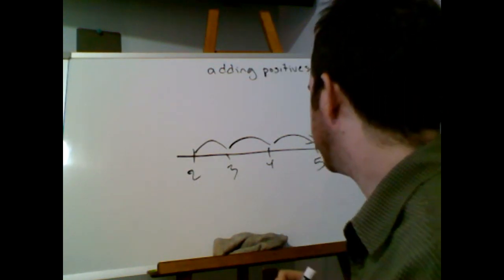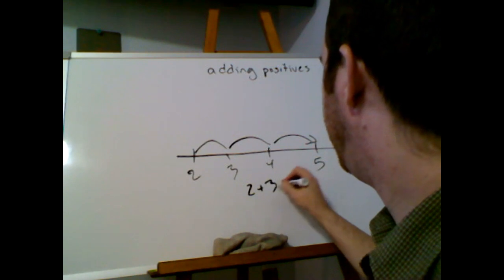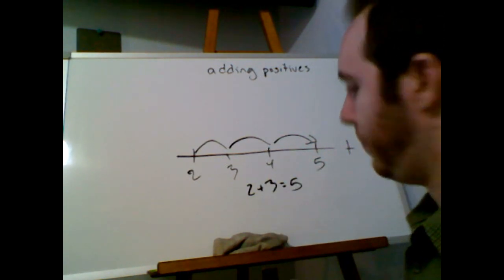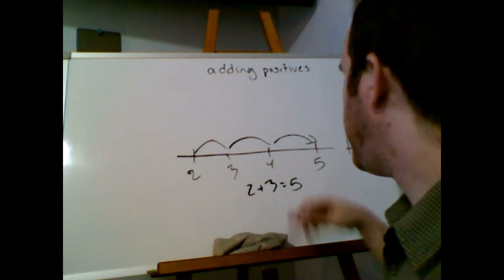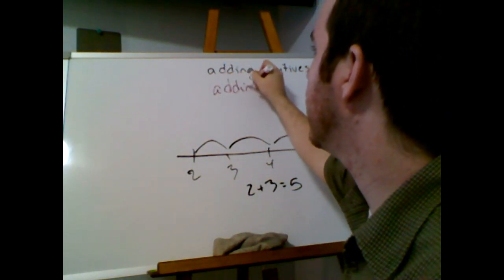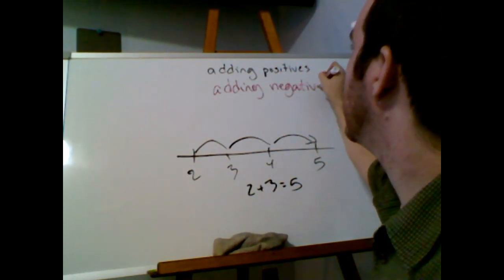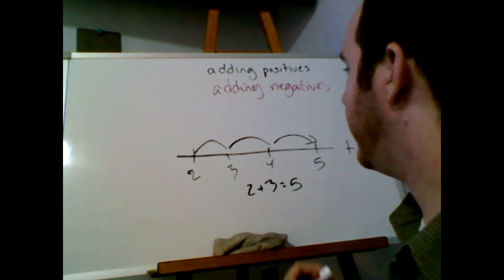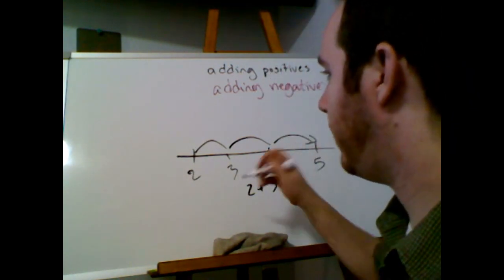Now, we could say that's 2 plus 3 equals 5. And that's a clear idea. And when we add negatives, what we're doing is we're adding a number that does the opposite of the other one.